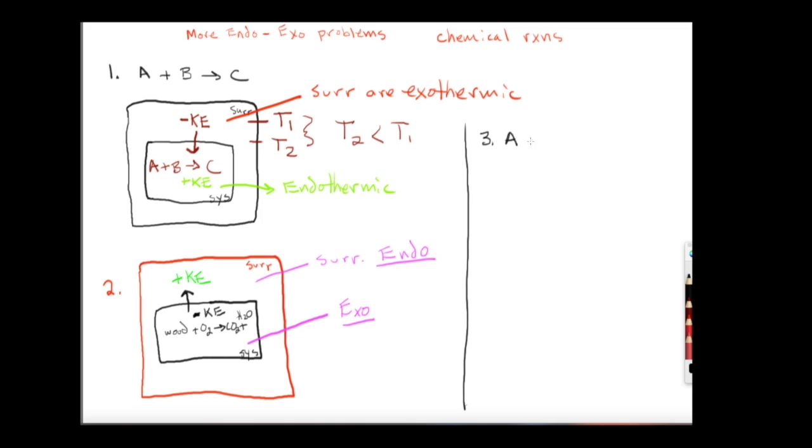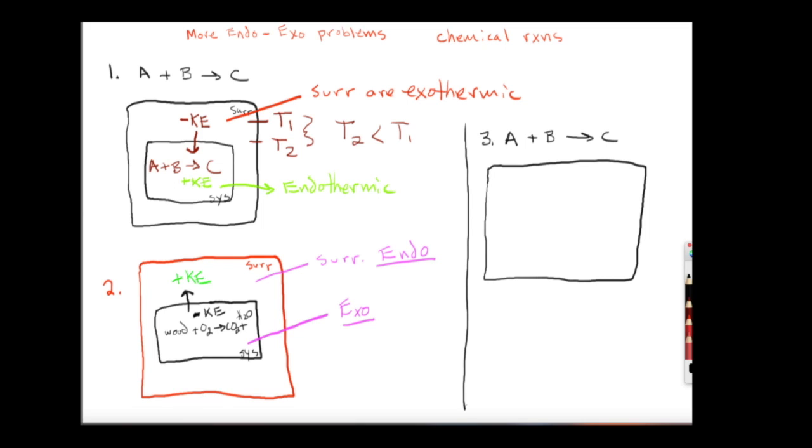Again, we have A plus B going to C, because we need an illustration, right? We're mixing two chemicals, let one be A and the other one's B, and obviously in a chemical reaction we're going to make a product. Keep it simple. Again, I'm going to draw my diagram.